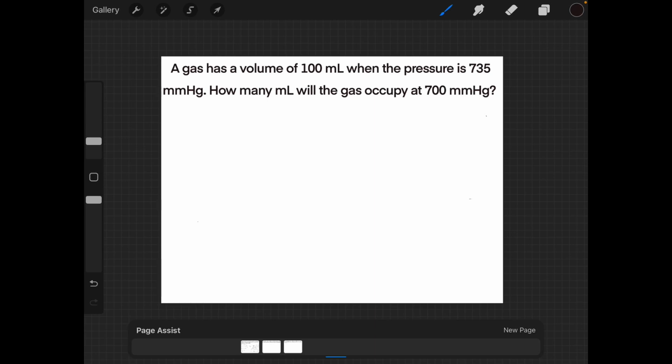Let's try another problem. For this one, we are solving for a new volume again. We are given the old pressure, new pressure, and old volume. Before I start, I'm going to set up my problem.